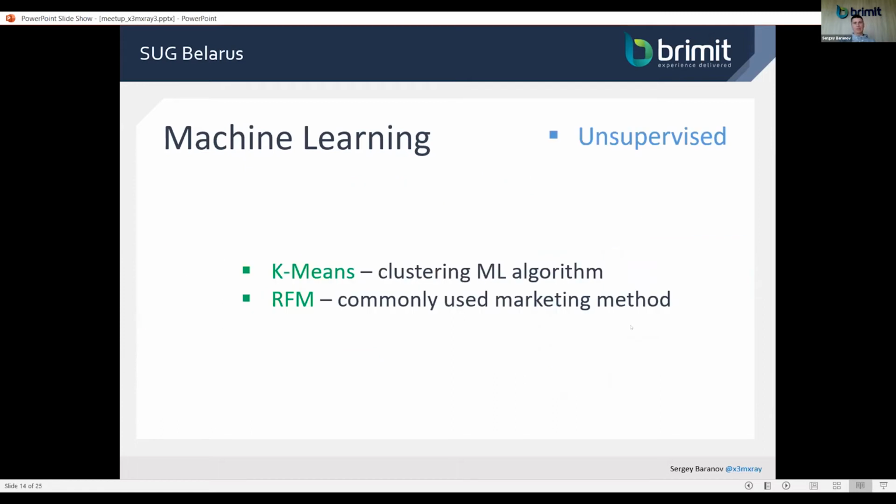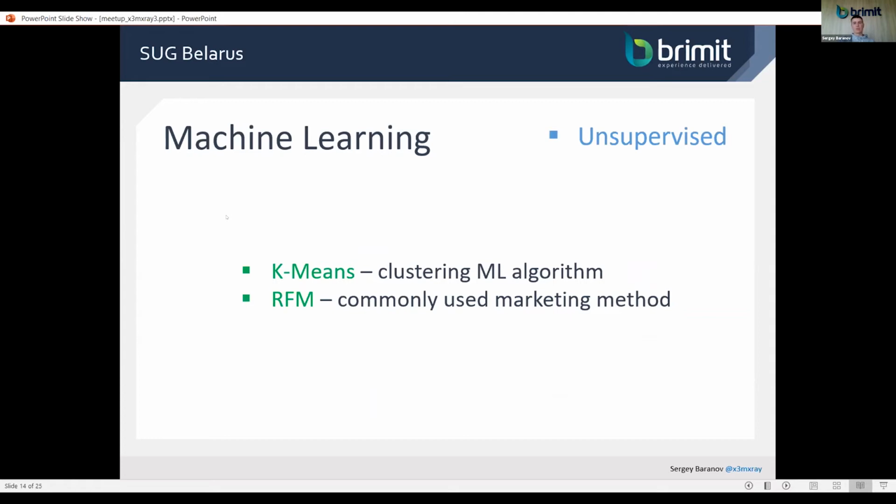Okay, and if you talk about churn prediction, there is a very good combination of two methods that we can use for churn prediction, that can easily be used in Sitecore in the processing engine, and I will use this method in my demo.